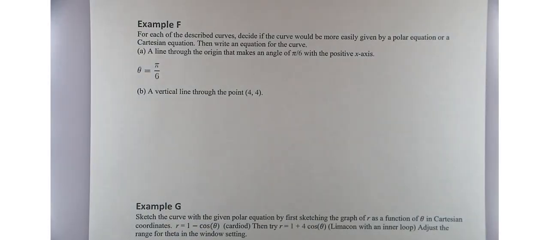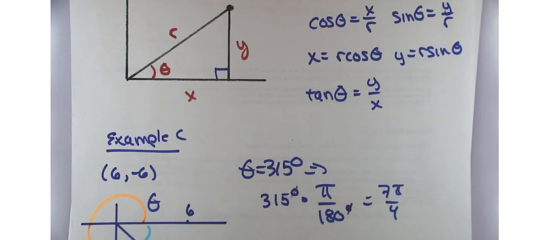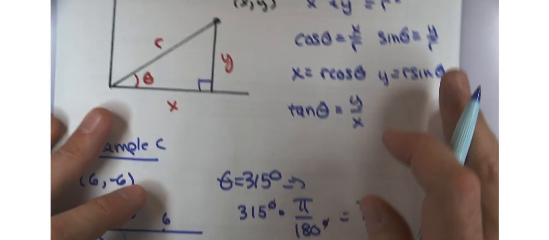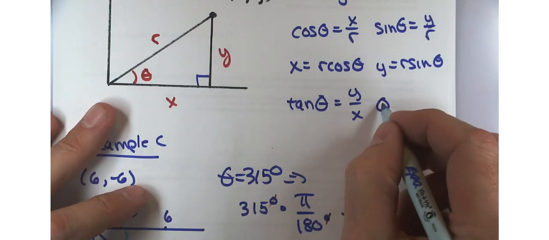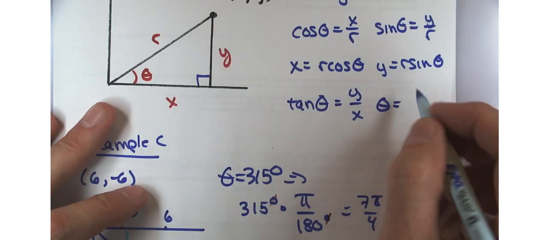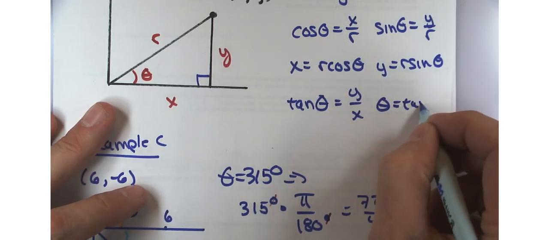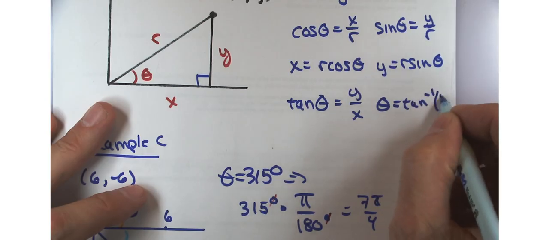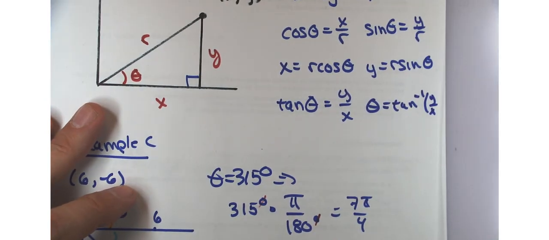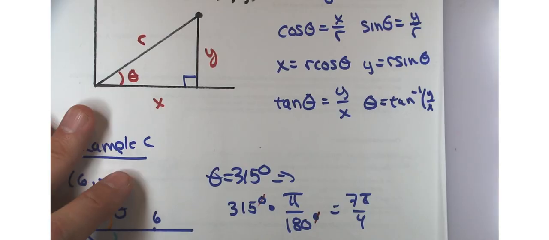Well, I guess maybe I'll break down and add it to us here. Although, generally speaking, you're not going to use this relationship that much. Theta equals the tangent inverse of y over x. Just solving for theta from this relationship.